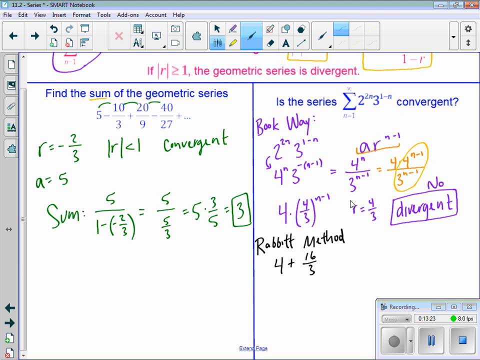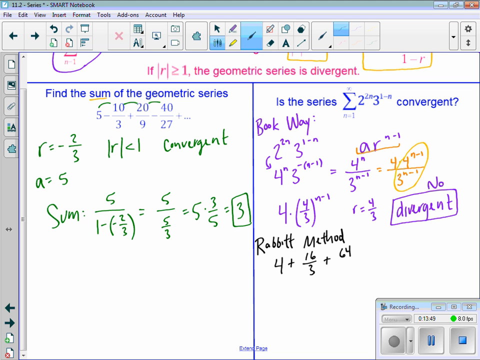This pattern should continue, so I would plug in the next one. So if we plug in 3, go ahead and do that. I'll give you a second. So I'm here in 64, right?